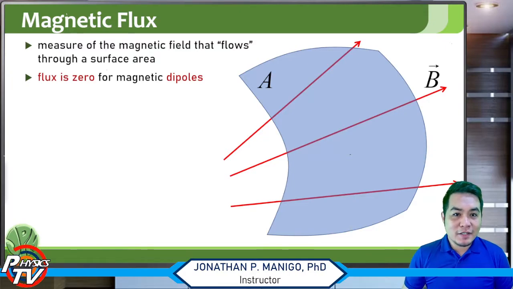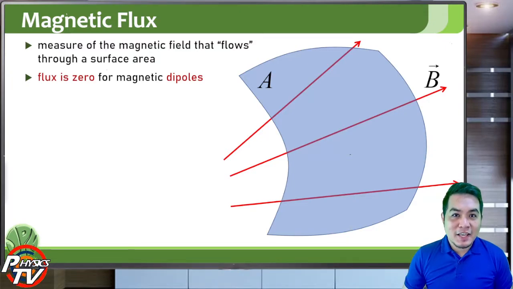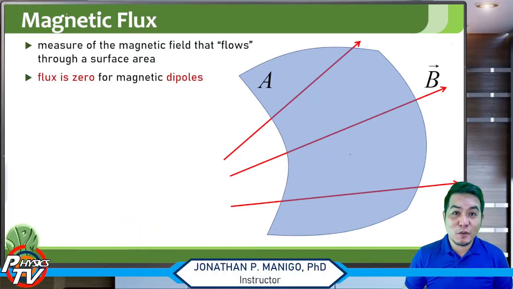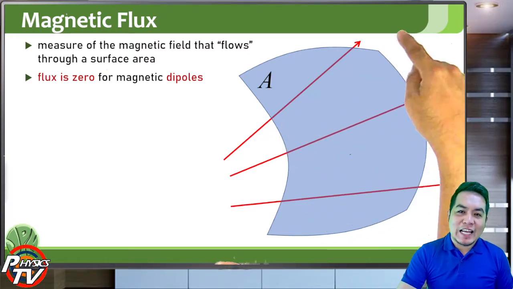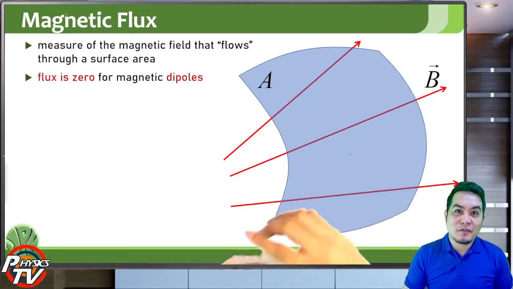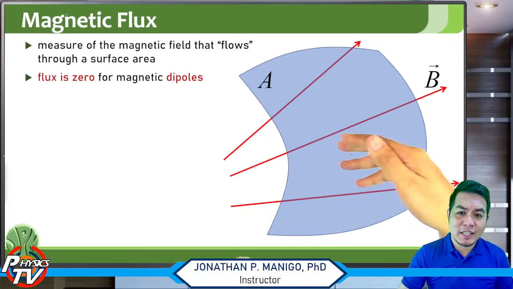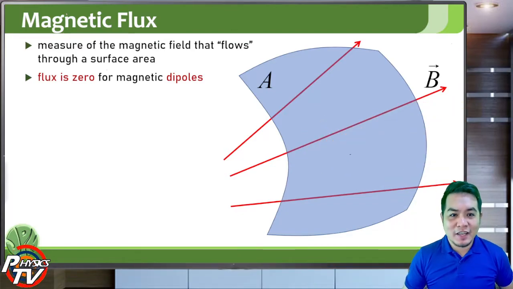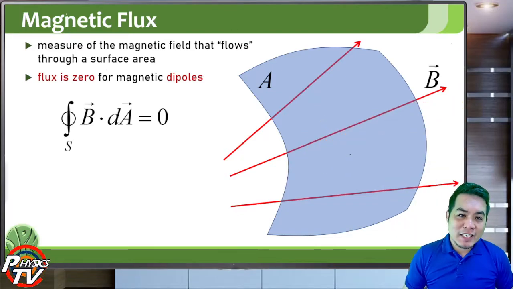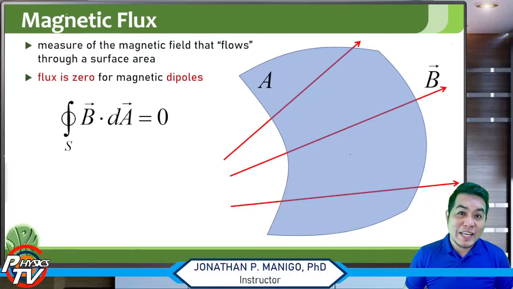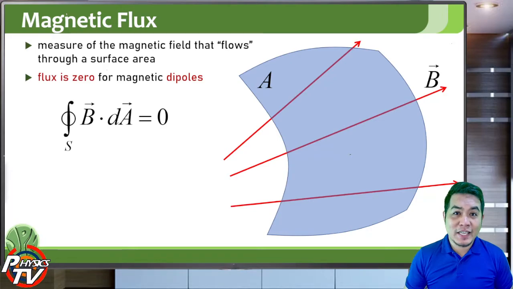Since magnetic fields are created by dipoles, and there are no magnetic monopoles, the amount of field lines that goes out of the area is the same as the amount that goes inside. Therefore, the magnetic flux is always zero in magnetostatics, since it's always a dipole.